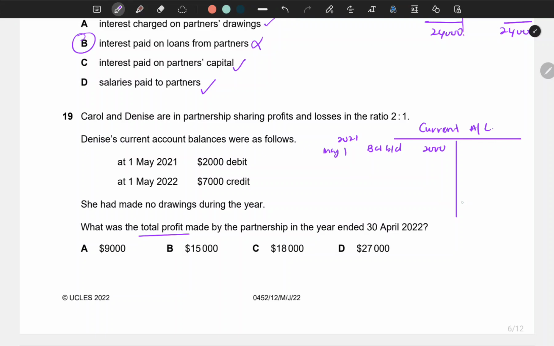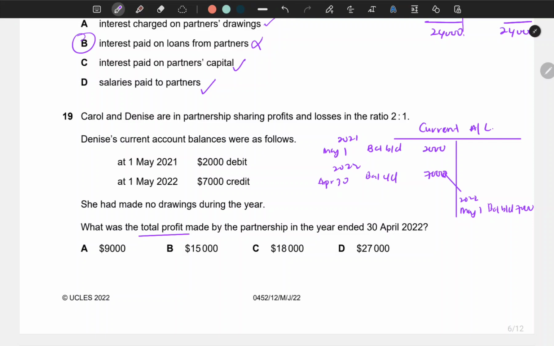Then they told us that on 1st May 2022 the balance is on the credit, 7,000. So the balance carried down will be here on the opposite side, 7,000. This is at the end of the year, 30 April 2022.